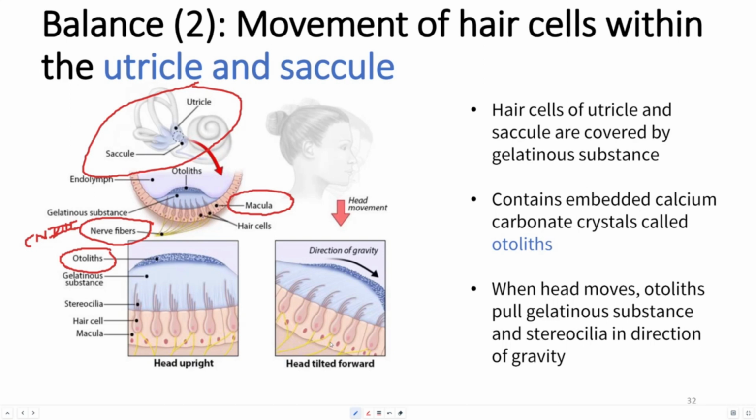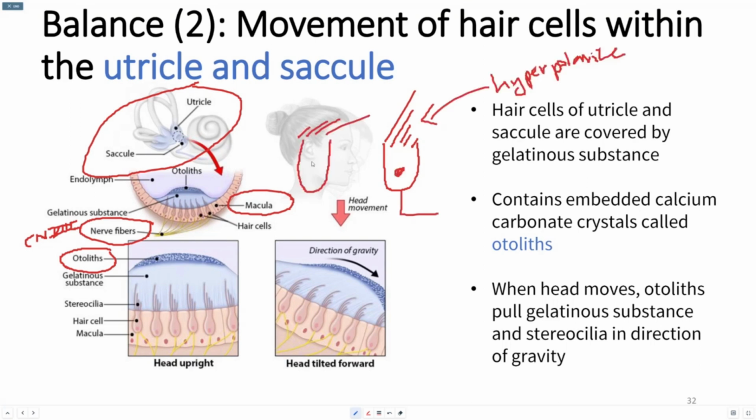And the brain has to interpret the change in nerve signals and then determine the direction the head is being tilted. So remember, when the stereocilia bend away from the big hair cell, this is hyperpolarized, and whenever the small stereocilia bend towards the kinocilium, this is depolarized and sends a signal to the brain.